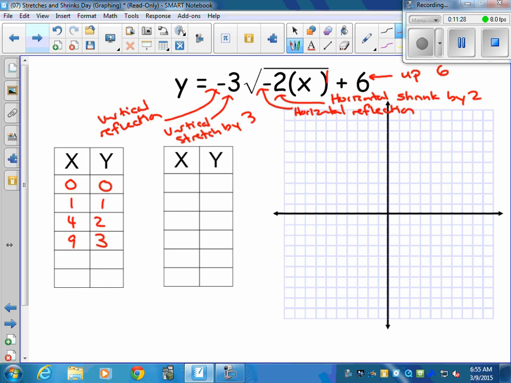So let's start with our horizontals. Horizontal shrink by 2. So I'm going to have to divide all my x values by 2, but then we also have that negative applied. Okay, the opposite of multiplying by -1 is dividing by -1. Okay, so all we're doing is changing signs and dividing by 2.